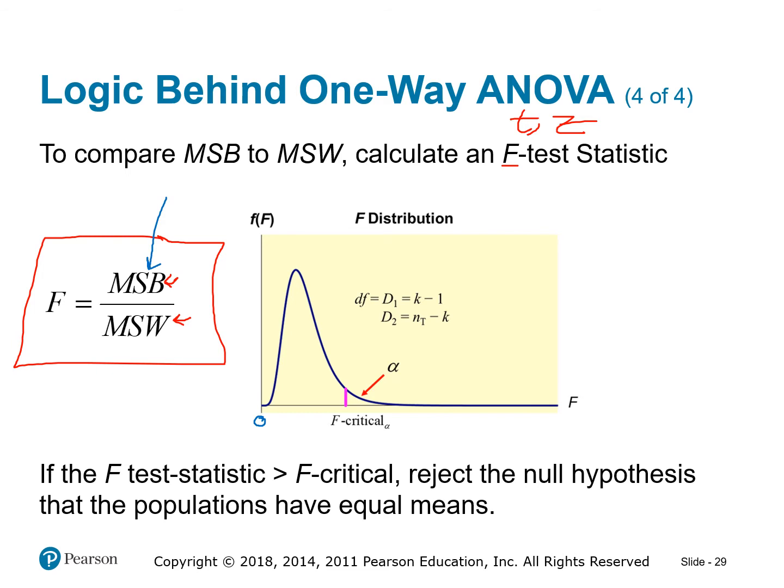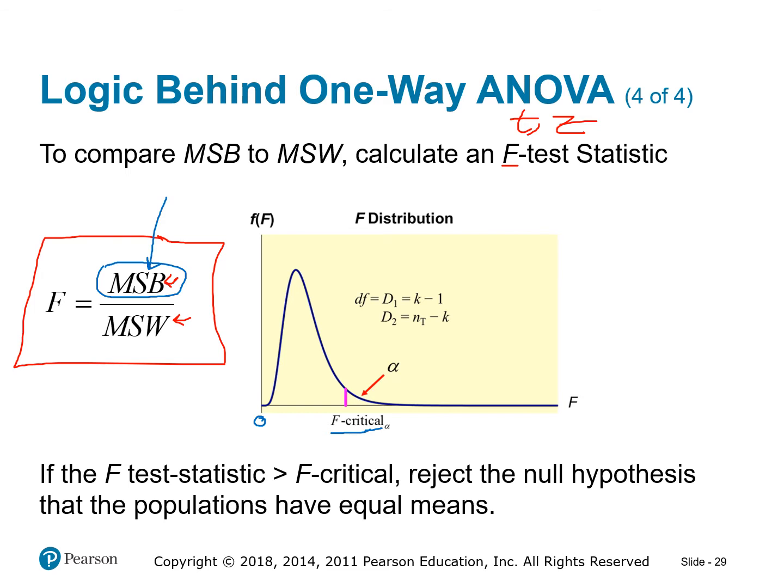That's why this is a test of means. How far are my centers from each other? Well, that's measured by my mean square between groups. If this is really, really large, then you're going to have a really, really large F, so it ends up over here for your test statistic, and therefore you would be rejecting.